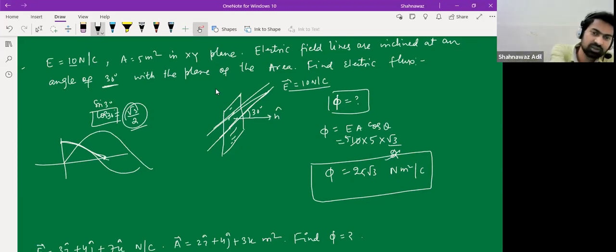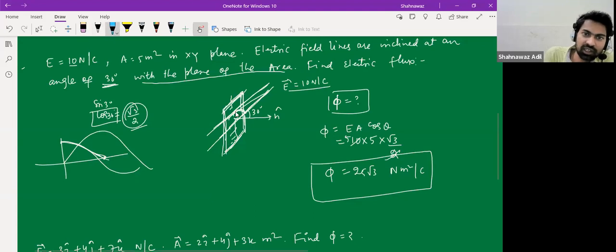Can you tell me what this angle is? The angle 30 is with the plane of the area. This is the plane, right? Yes, sir. And this electric field is making 30 degrees with this plane. So then with the normal, what would be the angle?